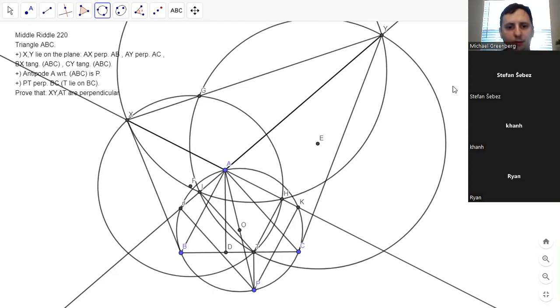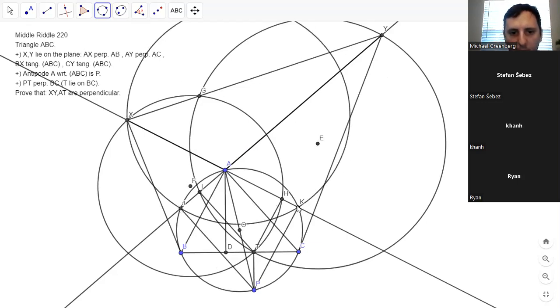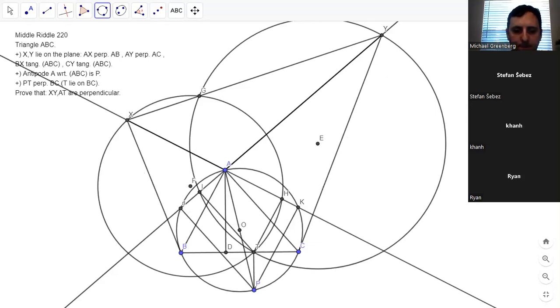I wonder if it's getting close to just being like an angle chase. I wonder if XYJK is cyclic. No. But AIH is ATH. So we want to show ATH is AXY.